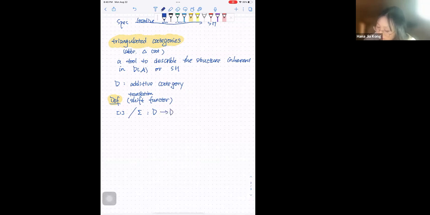It is an additive automorphism, so it's an equivalence and an additive functor. We also need to talk about triangles, distinguished triangles.